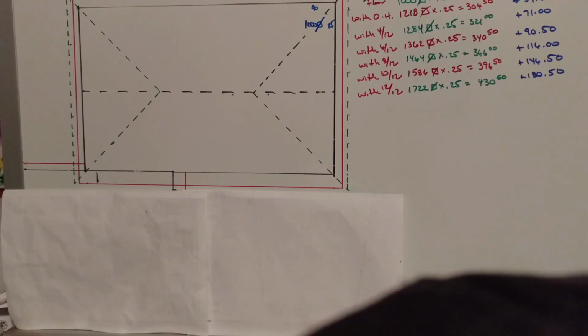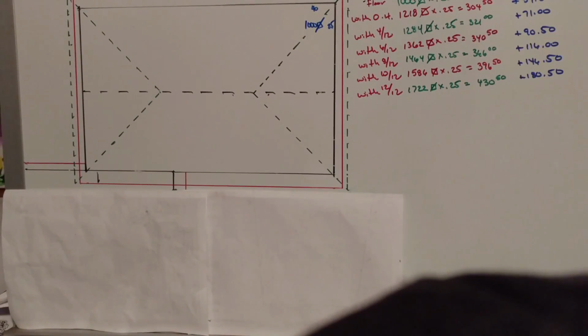So I'm going to give you some pitches on here. So with a 4/12 roof and the overhangs on this 1,000 square foot house, you actually have 1,284 square feet. And I'm using 25 cents as an example here, but that's $321. So that's $71 above just a Google search for square footage on this house. Let's go up a little steeper pitch.